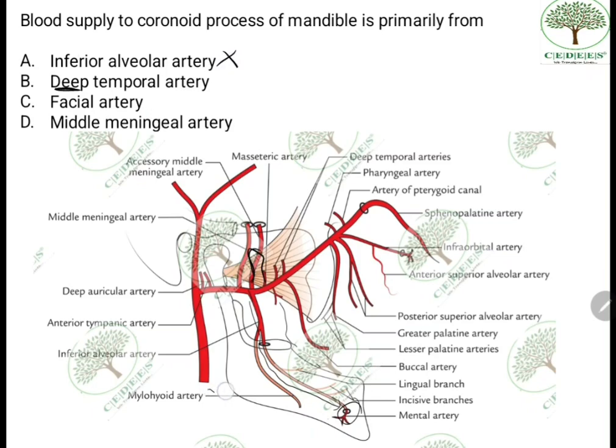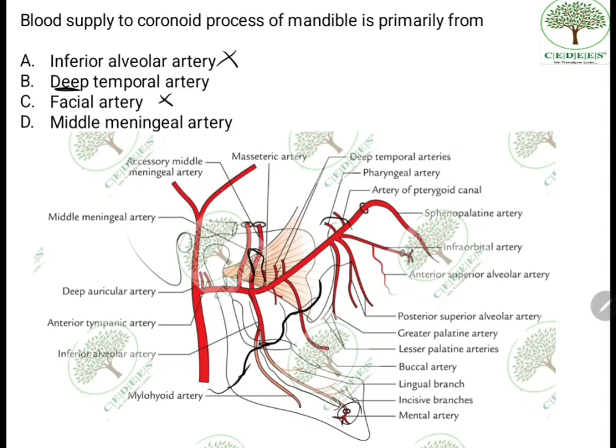Then the facial artery, we know it travels from the angle of the mandible anteriorly and terminates in the medial portion of the eyelid. So it's going away from the coronoid. We can eliminate this. Now we all know our coronoid process is going to have the insertion of the temporalis muscle.